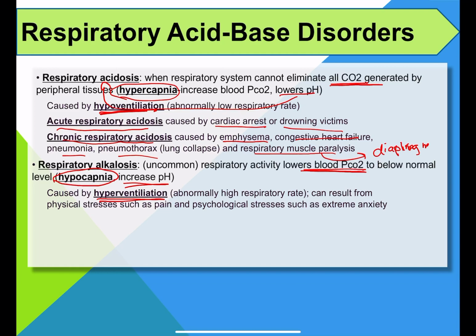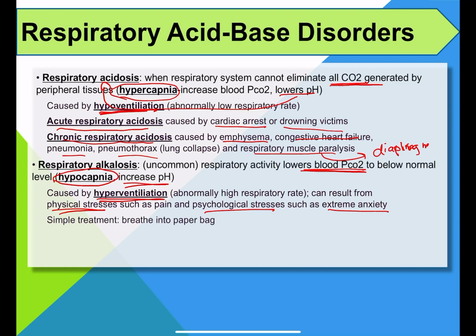Hyperventilation, like I said, can come from people with extreme anxiety, psychological stresses, or even physical stresses such as pain. Sometimes people that undergo extreme pain, for example, from accidents or a really bad stab in the body, can also hyperventilate.